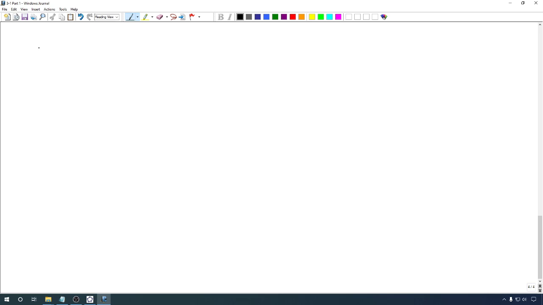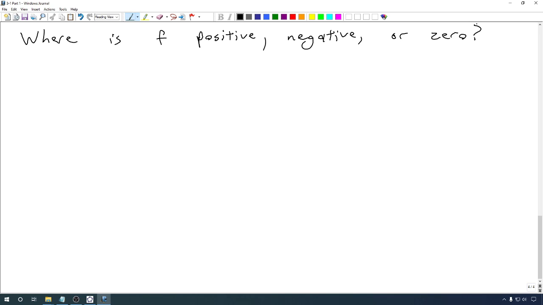If I gave you a function, let's say it this way: where is f positive, negative, or 0? How can we determine that if I just gave you an arbitrary function?